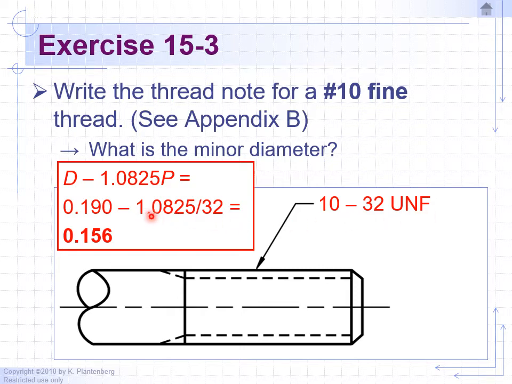So first take the 1.0825 divided by 32, subtract it from 0.190, and we end up with a minor diameter of 0.156. So the major diameter is 0.19. The minor diameter from root to root, we get 0.156 diameter. And this is what you're going to be doing for your homework assignment.